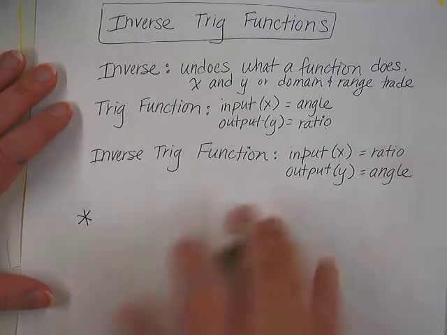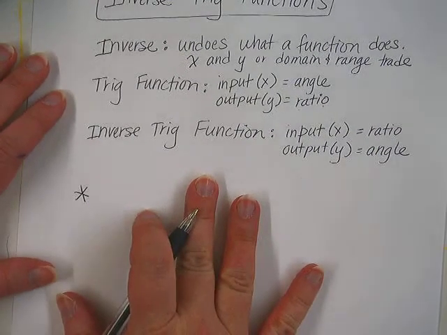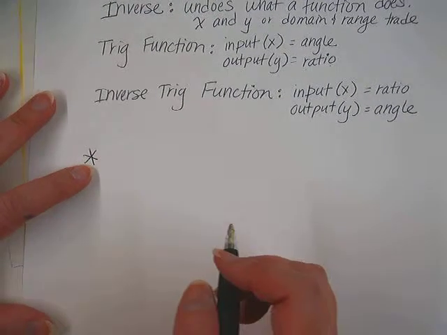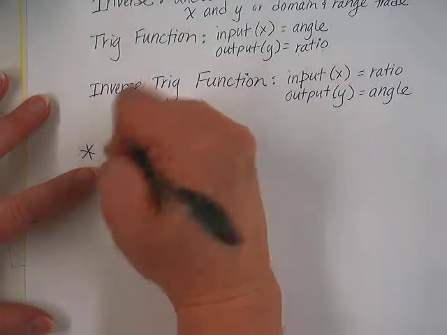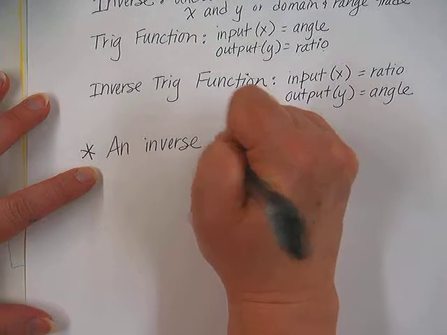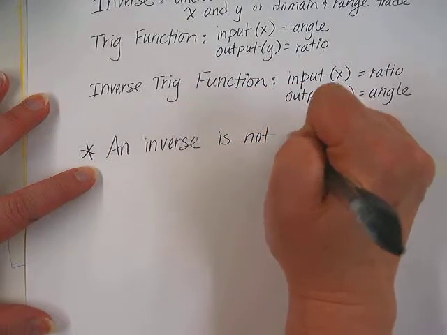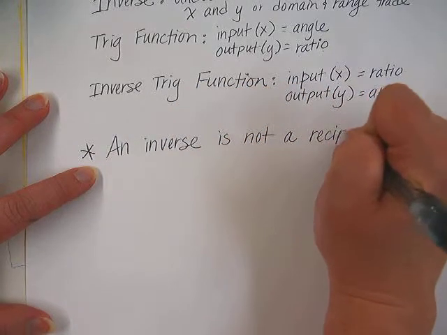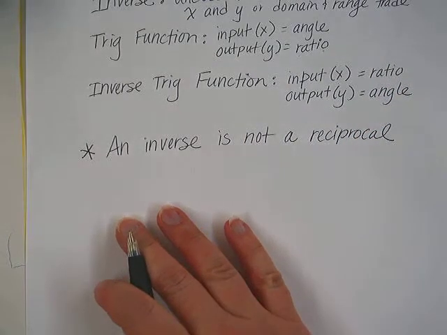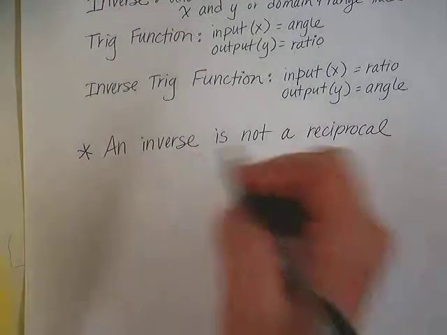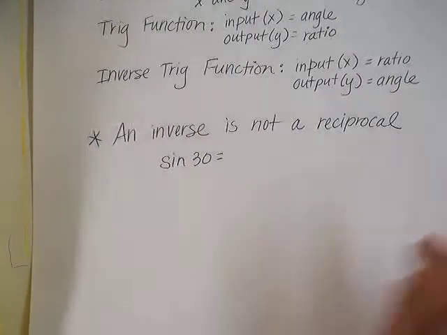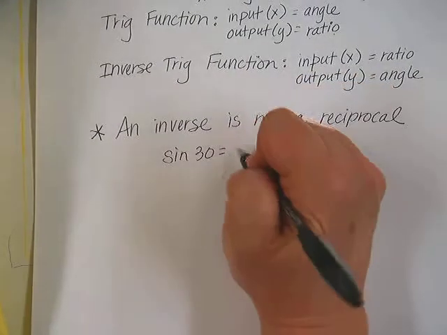Okay. First thing I want to help you understand is that inverses and reciprocals are two different things. An inverse for trig functions is not a reciprocal. So when I say that, I'm talking about perhaps if we do the sine of 30, of course we get the answer 1/2.